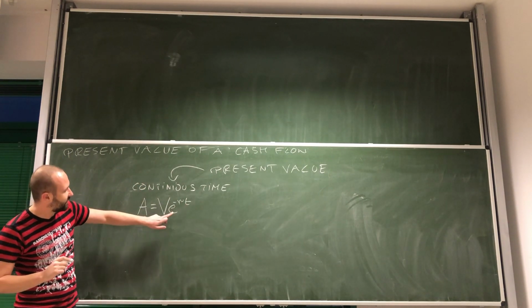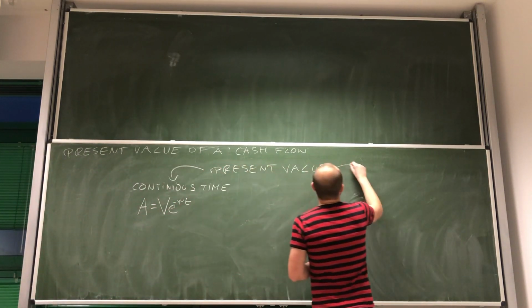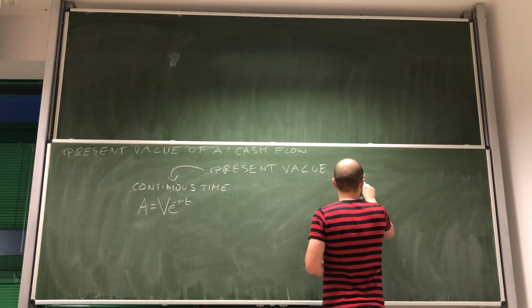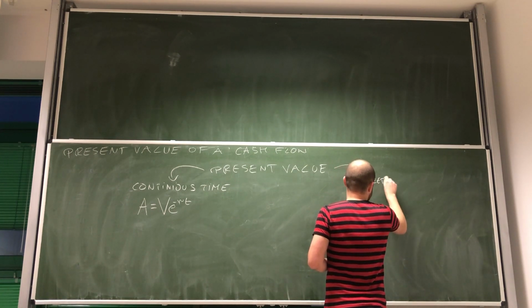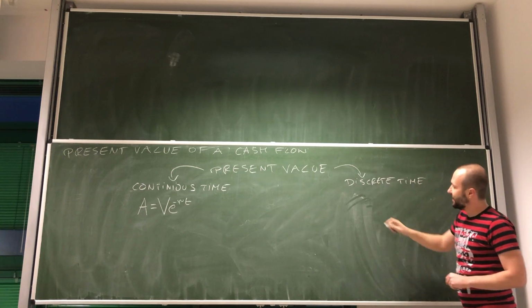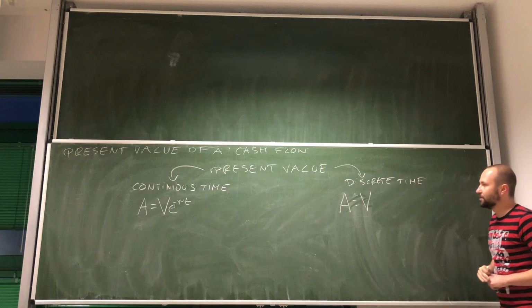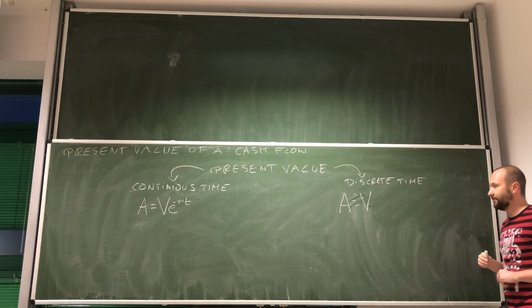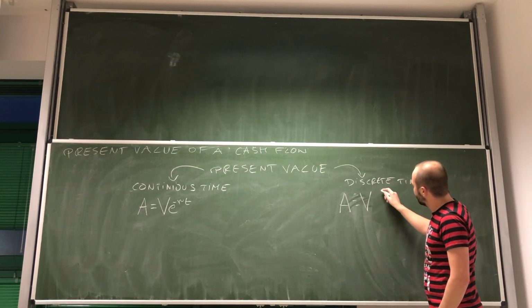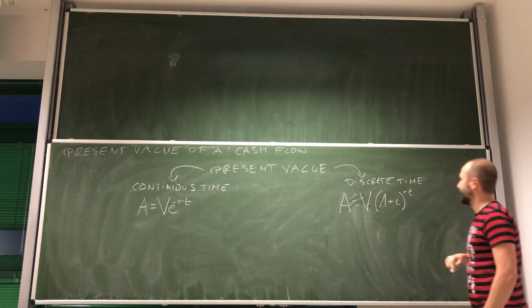And this discounting factor is e to the power negative rt. Then, in discrete time, present value is also some amount of money we are supposed to get in the future, but discounted with the expression like this.